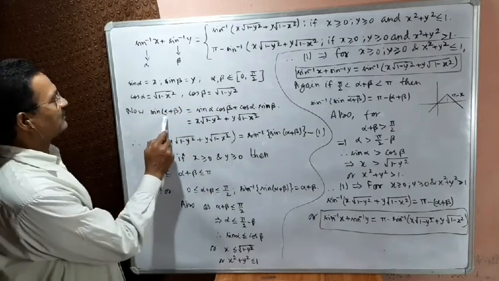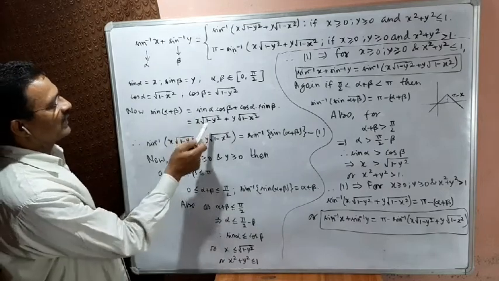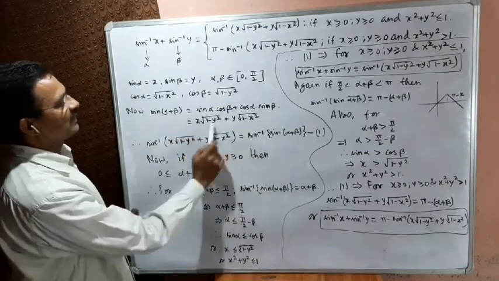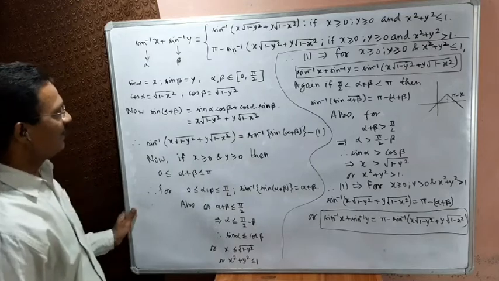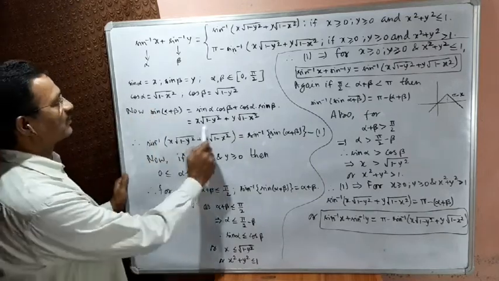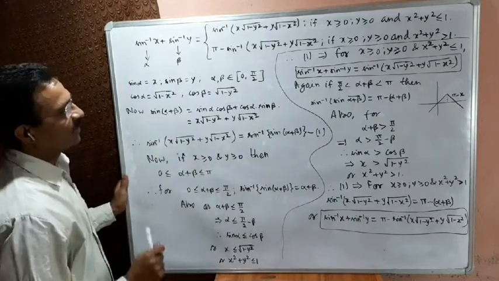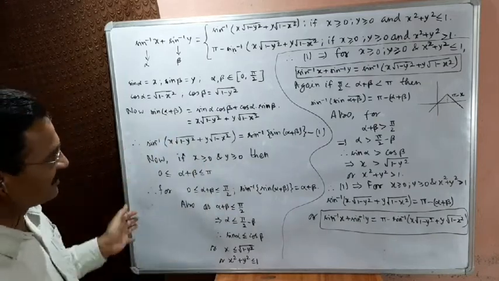We have taken the sine alpha plus beta formula, and we have put the values of sine alpha, cos beta, cos alpha, sine beta like this. This implies, taking sine inverse on both sides, sine inverse of this will be equal to sine inverse of sine of alpha plus beta. Now the thinking starts from here.